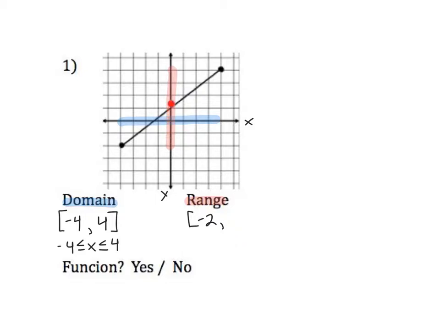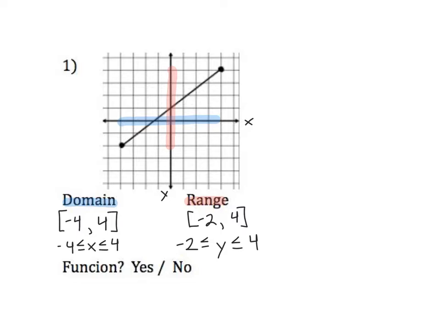And then I go all the way up to my biggest y value, which is +4. And to write that as an inequality, I'm going to say -2, and then a 4 on the right. This one I'm going to use a y because the range describes the y values, and they are both less than or equal to.